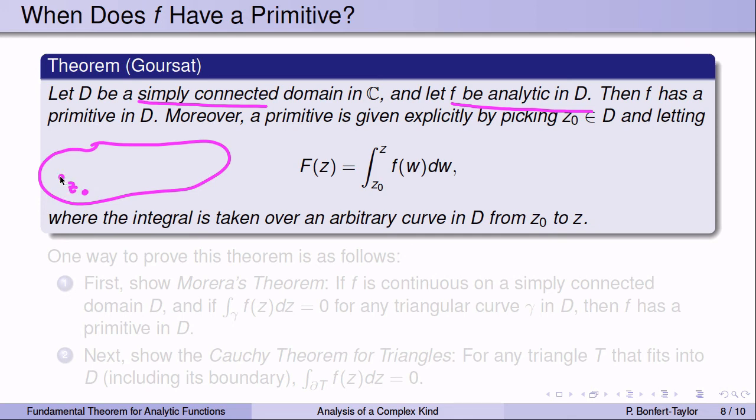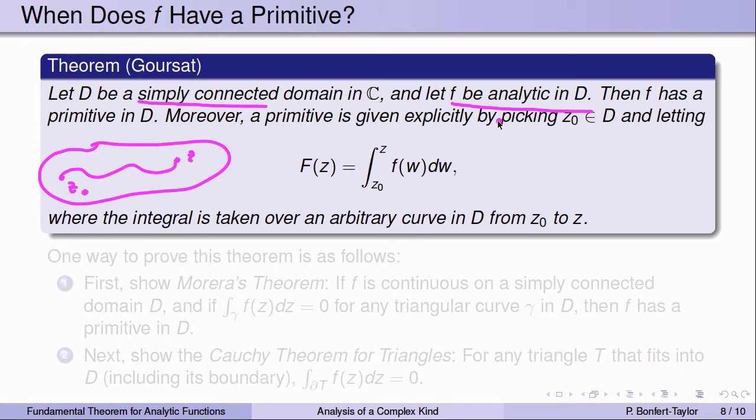So integrate f over any path from z0 to z, and the integral will not depend on the path because we have a primitive, and so that's how you can find a primitive. So the integral is taken over an arbitrary curve in D from z0 to z.